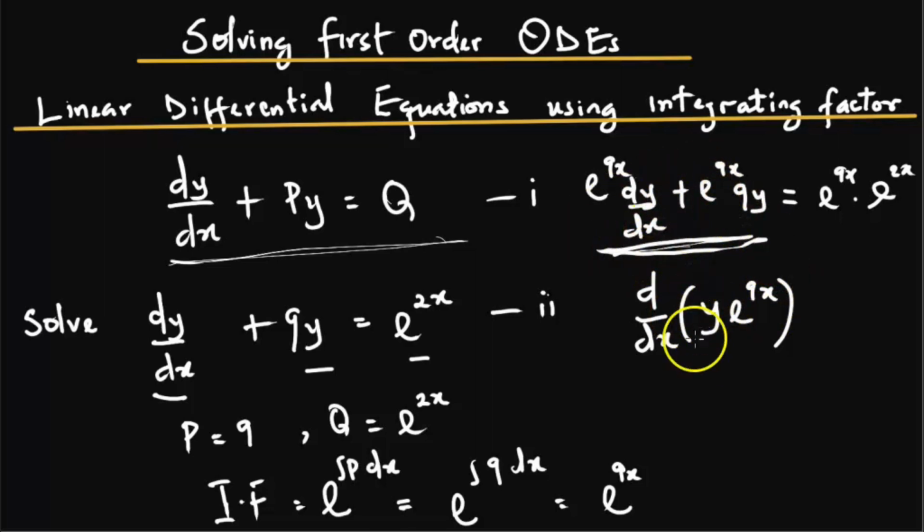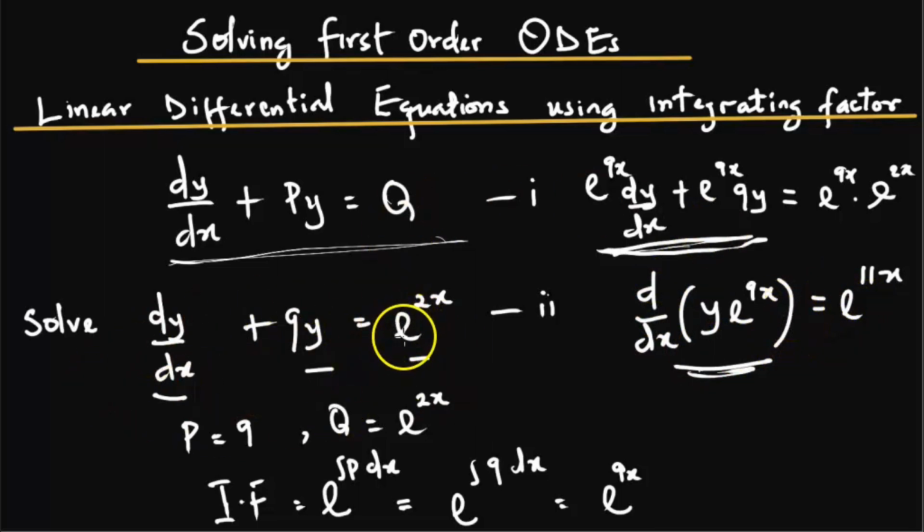So my left hand side will always give me d/dx of y e^(9x). If my integrating factor were e^(5x), it would be d/dx of y e^(5x), whatever my integrating factor is. And this will be equal to e^(11x).